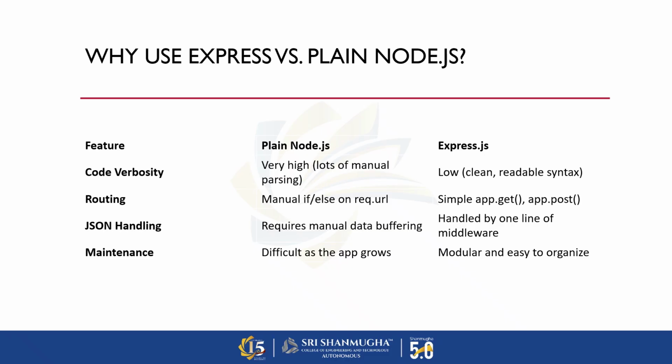In plain Node.js, it is all manual, whereas in Express.js it is much simpler using the methods called app.get and app.post. Then JSON handling: plain Node.js requires manual data buffering, but with Express.js it is handled by one line of middleware.